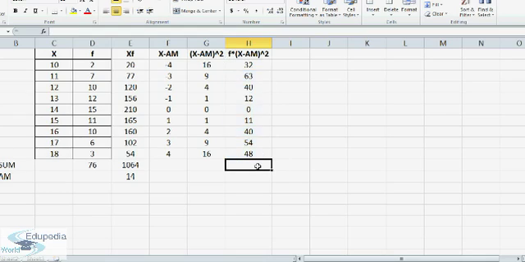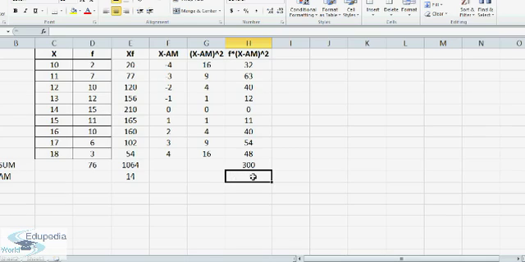Okay, so we have the sum, of course we need to find the sum of all of these. So the sum is 300, and then to find the standard deviation, we will have to divide this value by the sum of the frequency and take the square root.